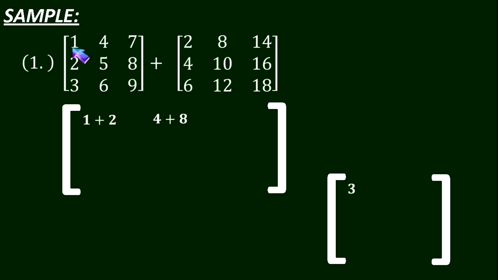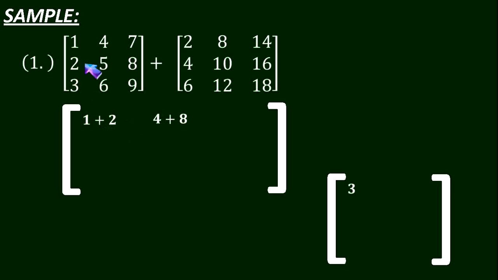So for example, the element in the first row of the first column, you have to add to the first row of the first column of the second matrix. The same, we have to add this 4 to this 8 since they are both in the first row of the second column, and so on.